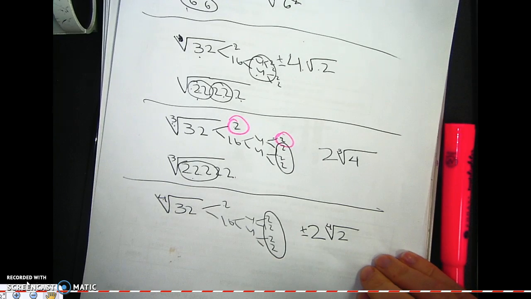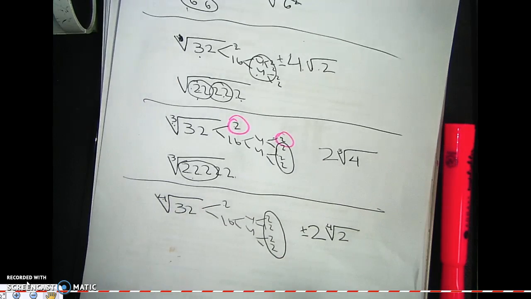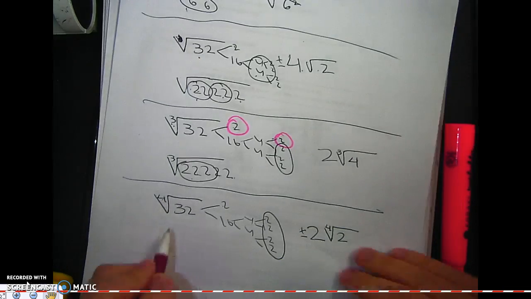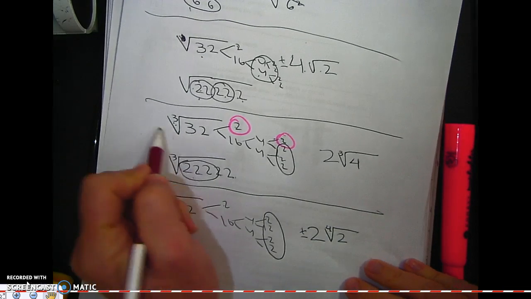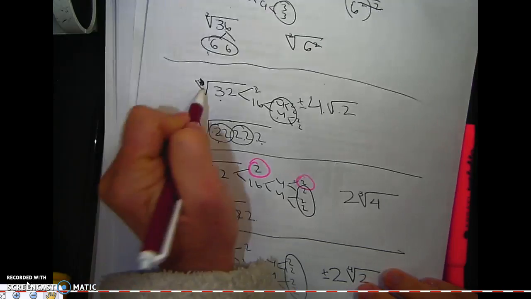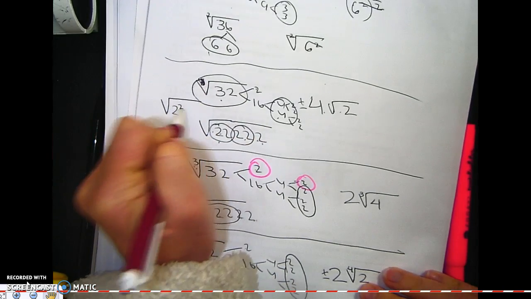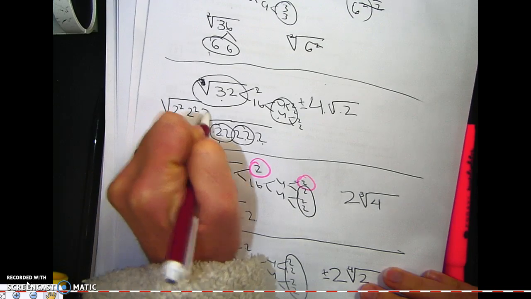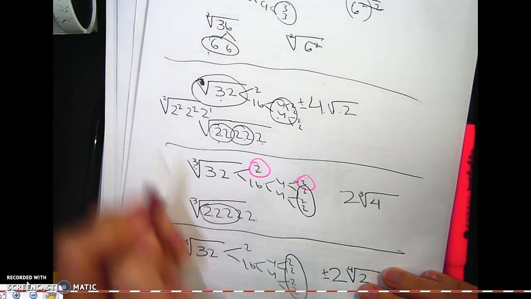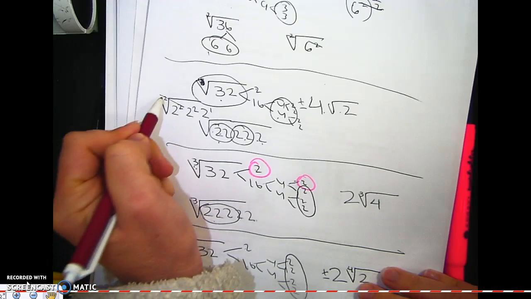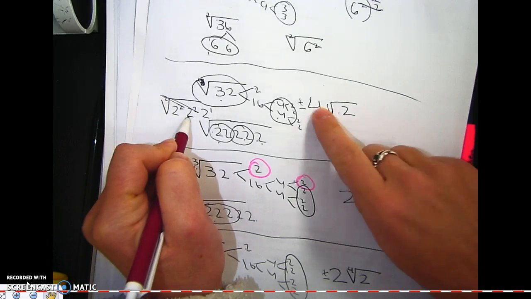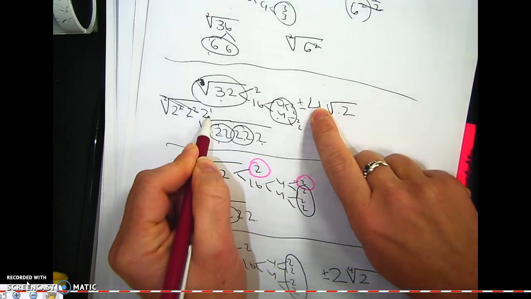Okay? When you get really good, you'll start to find the patterns, and this doesn't mean that you're not good, because it does. It's just a little bit quicker when you can see a pattern. So if you get really good at this and you see the game, if you go back to square root of 32, you could actually see that as 2 squared, 2 squared, 2 to the 1st. Because then those squared canceled, those squared canceled, 2 times 2 is 4, and you're left with rad 2.